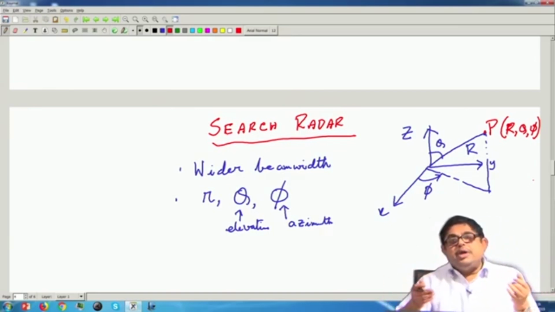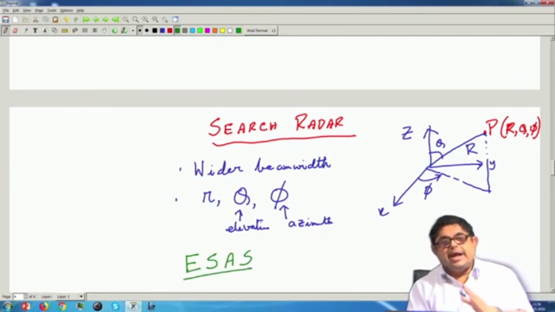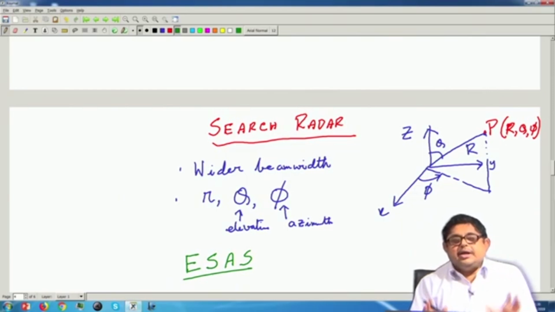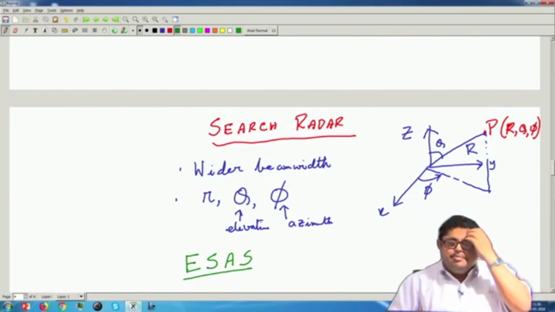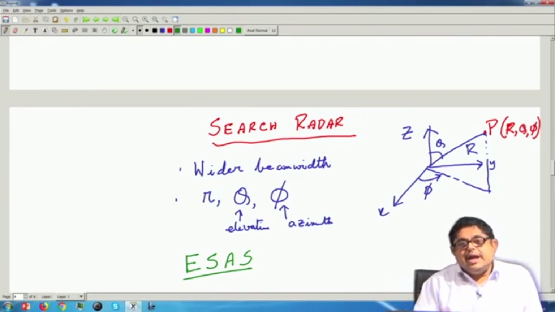On the other hand, if we have an electronic scanning antenna system, which almost all modern radars are using, the antenna is not rotated mechanically, but the phase difference between the different antenna elements is chosen electronically so that the beam itself moves.